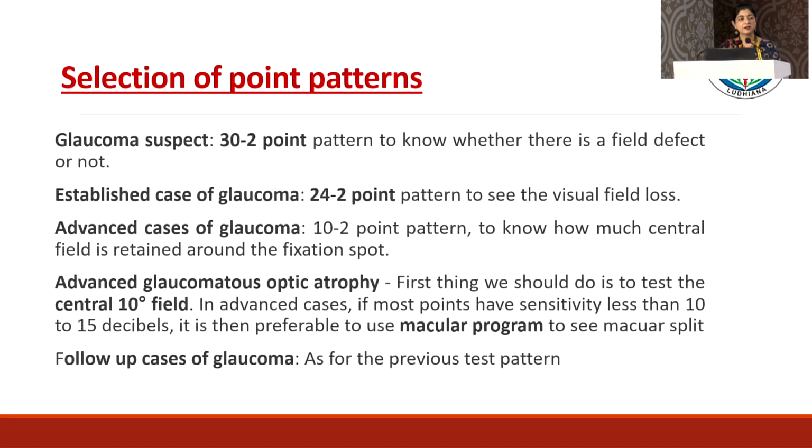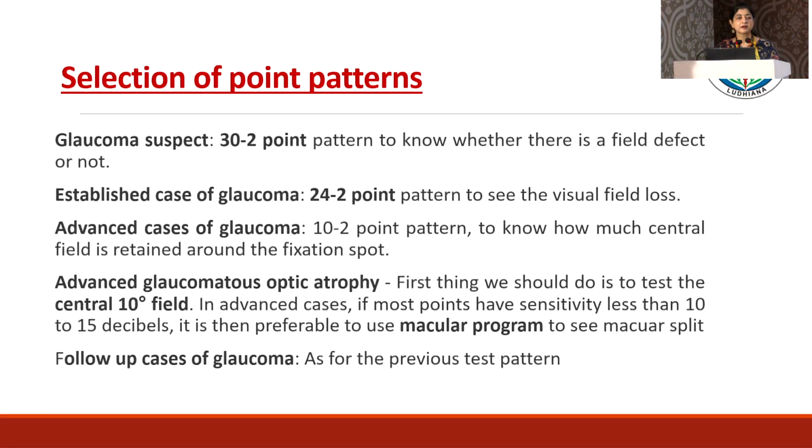So now when there are so many programs, how do we decide which program to do? If you have a glaucoma suspect, go for 30-2. If it is an established case of glaucoma and we need to see the progression, go for 24-2. If it is an advanced case of glaucoma, 10-2 is good.